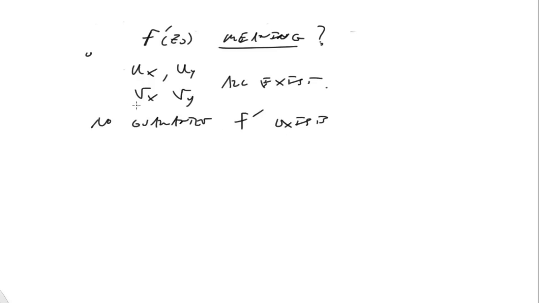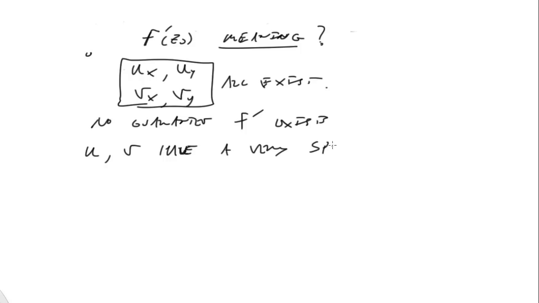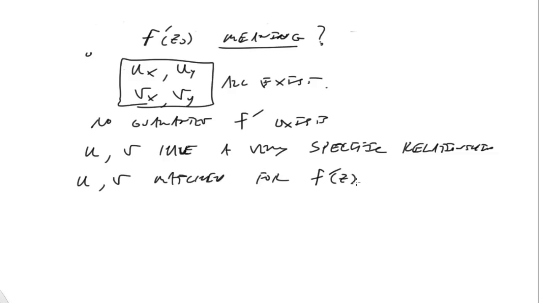Okay, so we can take the derivatives of all the constituent functions any possible way we want, but just taking these derivatives isn't enough. u and v have a very specific relationship. Essentially, u and v have to be matched for f prime of z to exist.